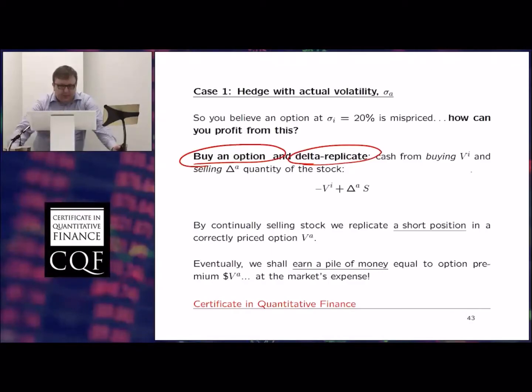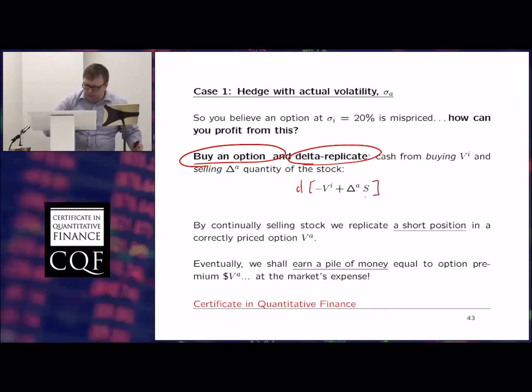So the cash to buy the option priced at implied vol of 20%, the cash is minus VI, and then since we are selling the quantity of the stock, our cash position from the sale is positive. Now, of course, what happens on the next step is math.